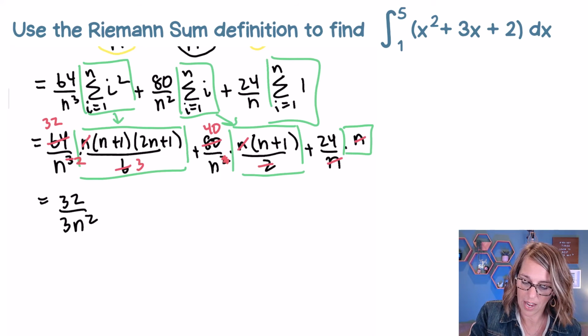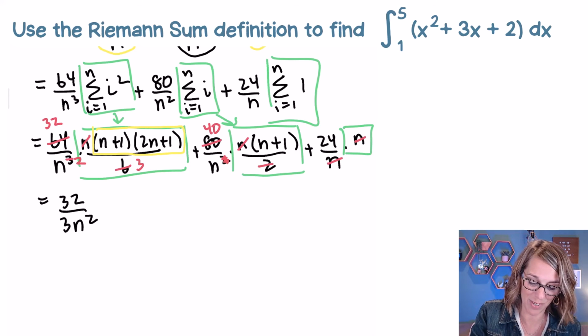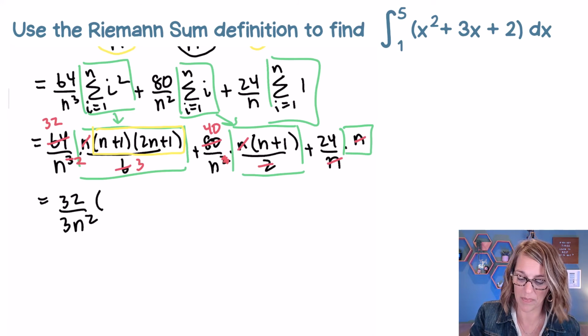And inside, I've got this product that I need to multiply out. So let's go ahead and multiply that product out using FOIL. 2n times n is going to be 2n squared. Outer is n, inner is 2n, so I get plus 3n. Last is plus 1.